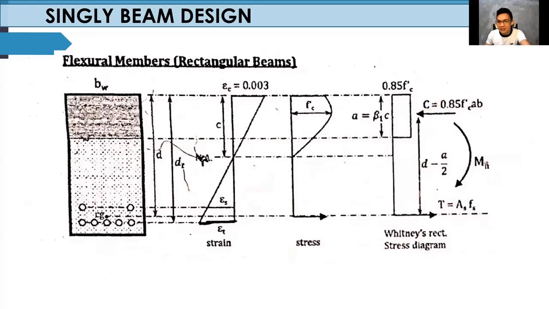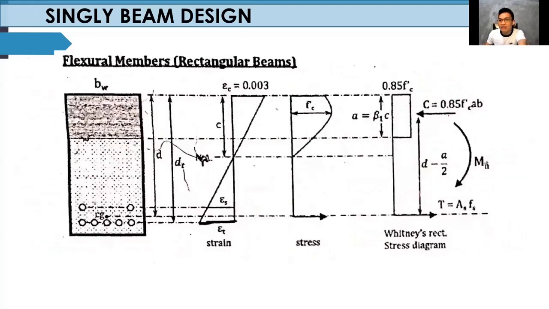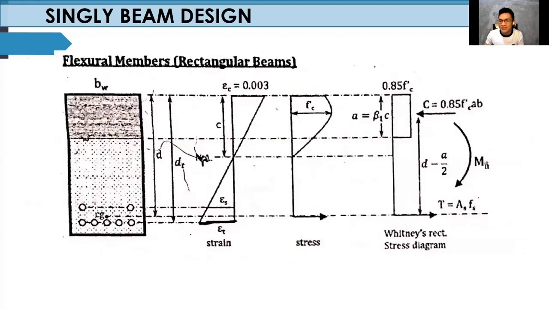So dito po galing yung ating C is equivalent to T. Diba? So with that one, C kanina natin is 0.85 FC prime multiplied by A, that is the height of our compression block, multiplied by B, which is our width. No, haba bang tawag dyan ng ating beam. That is equivalent to AS times SS. Ayan siya.